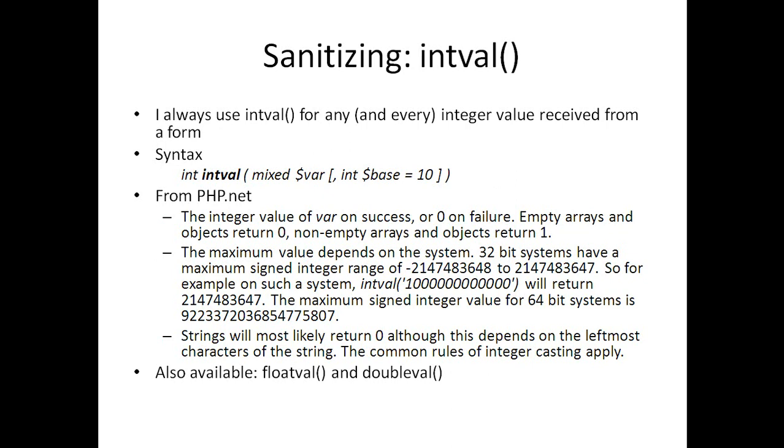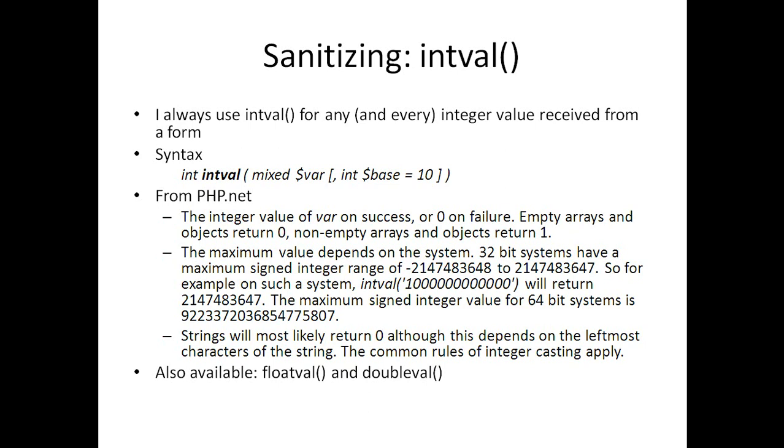We'll talk about intval. I always use intval for any and every integer value received from a form. The syntax is it returns an integer, and you can pass it a variable of type mixed, meaning it can be a string, an integer, an array, and that kind of thing. The optional argument is the base. If you're going to get an integer value, you can specify the base.